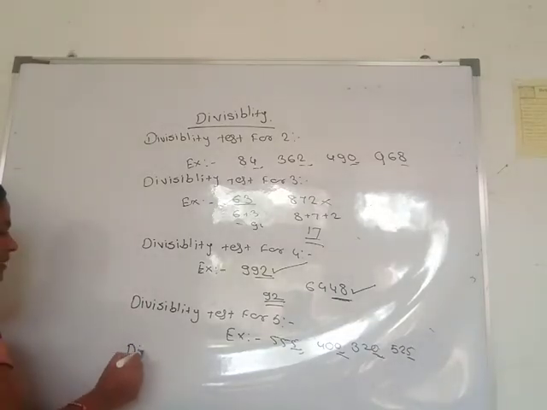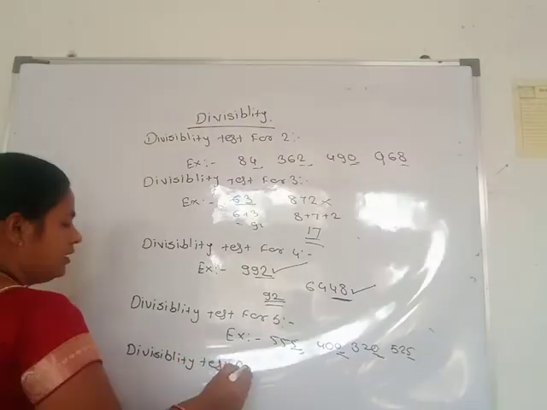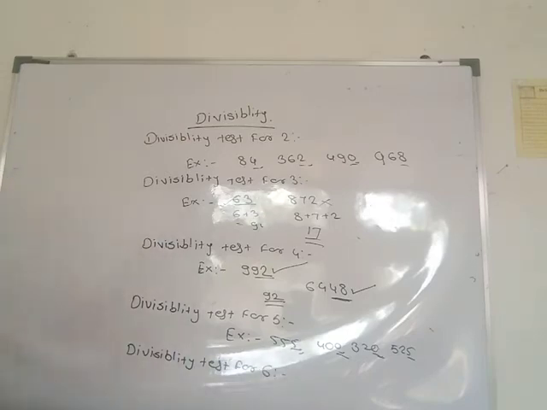Then the divisibility test for 6. If the number is divisible by 2 as well as 3, then that number is divisible by 6.